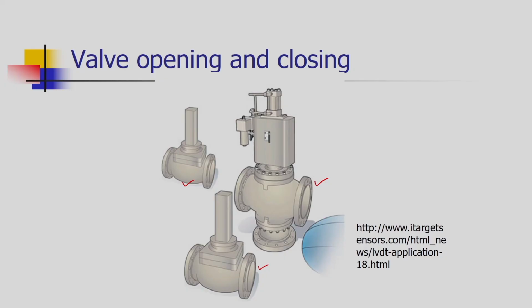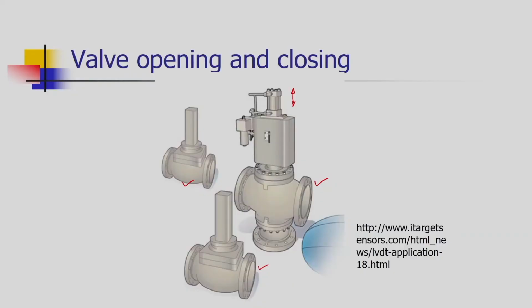When these electric motors are operating the valves, there is movement of their spools. When these spools are moving, we need to continuously monitor the movement of the spools to have precise control over the valve opening and closing. For that purpose again, we are using the LVDT sensors.